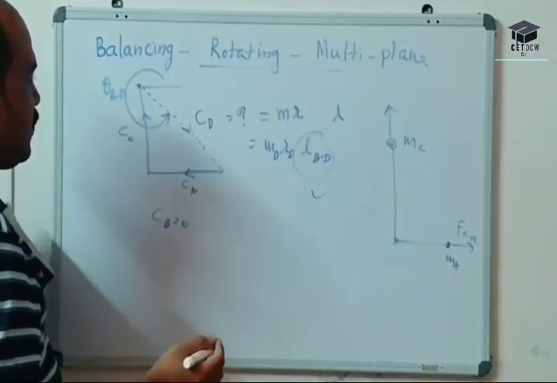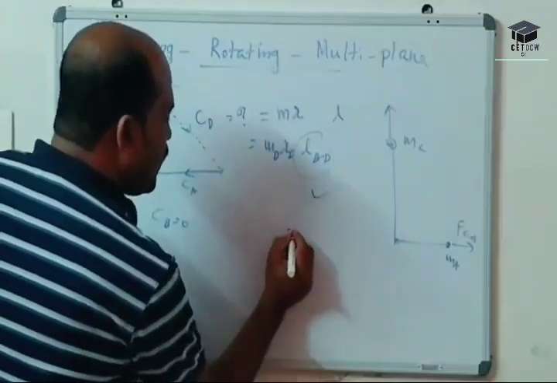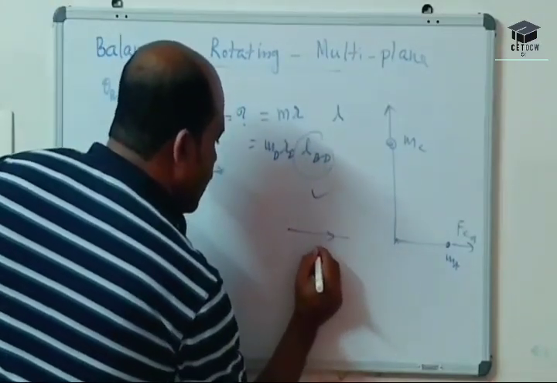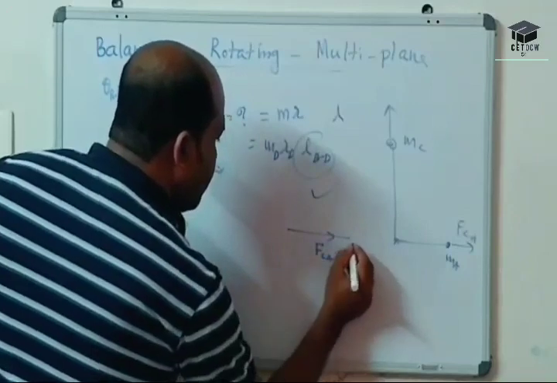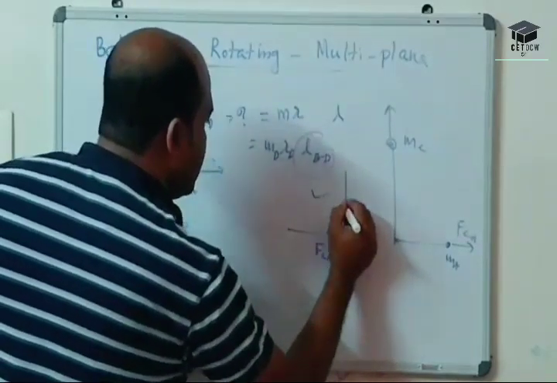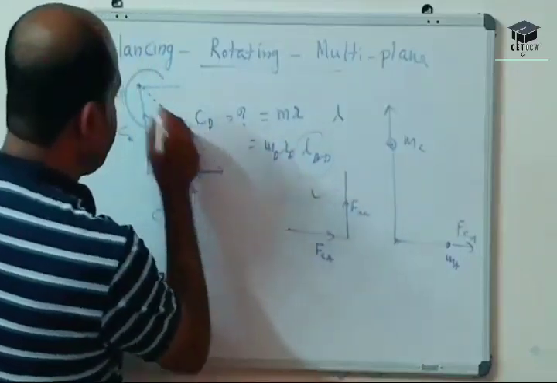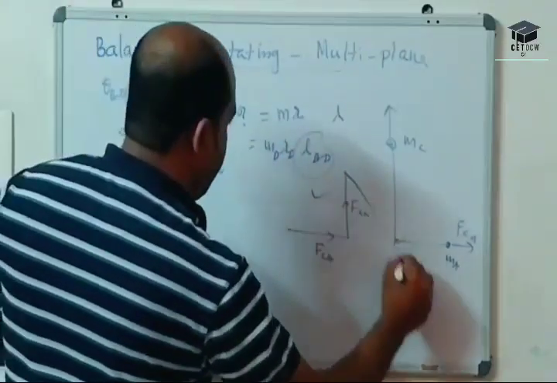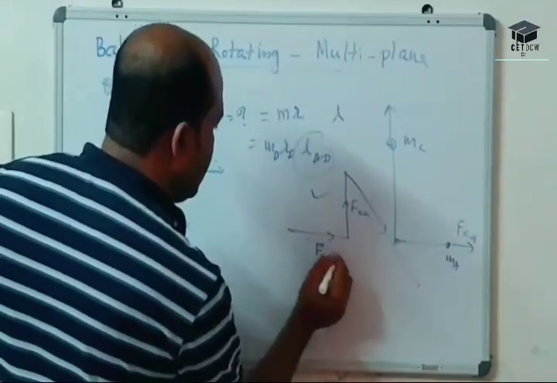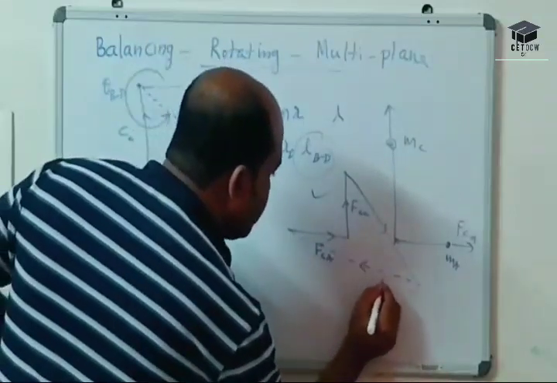Next you draw the force polygon. To draw the force polygon, you can draw FCA, FCC, then FCD. This is FCD. Then this should be FCB.